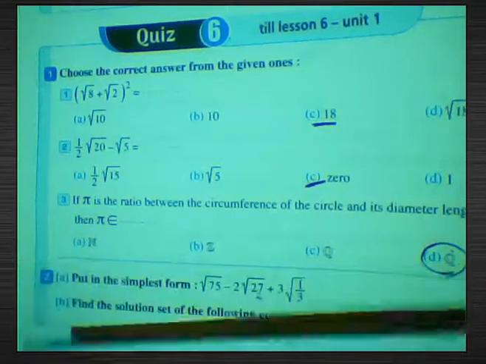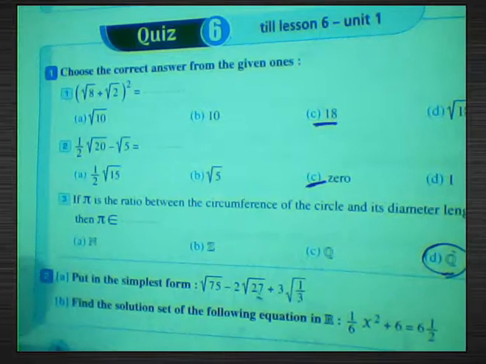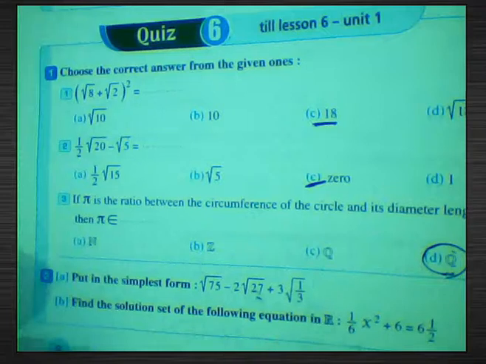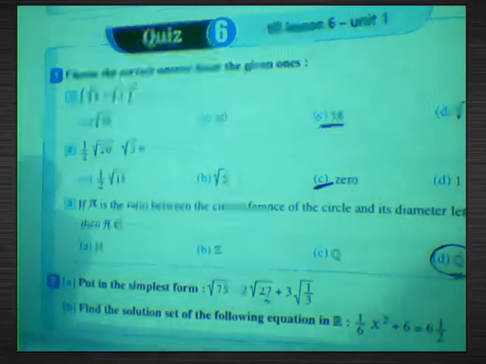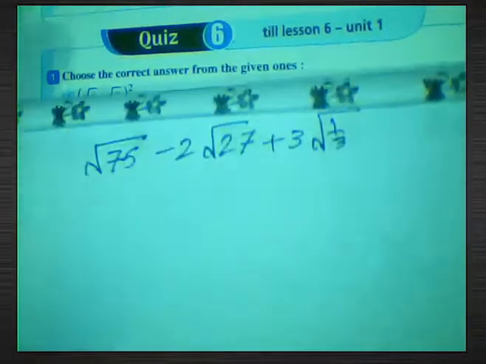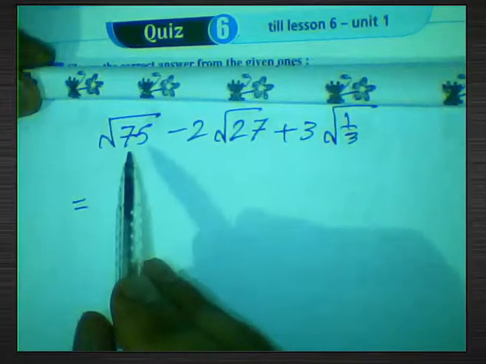Question number 2. Put in the simplest form the square root of 75 subtract 2 square root of 27 plus 3 square root of 1 over 3. We write here, look with me, the square root of 75 subtract 2 square root of 27 plus 3 square root of one third.